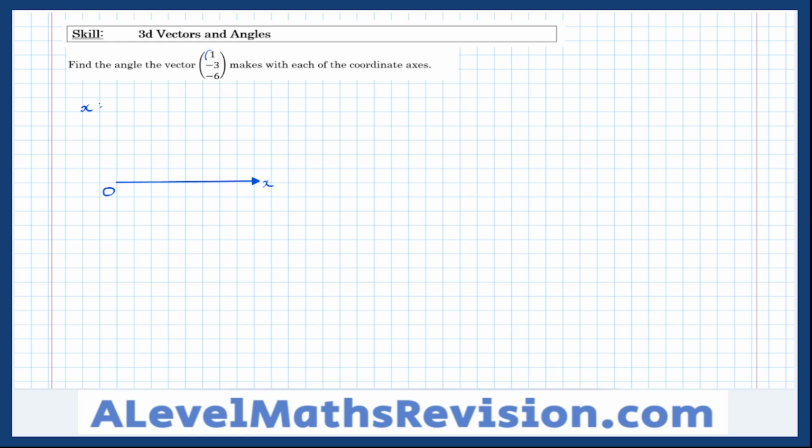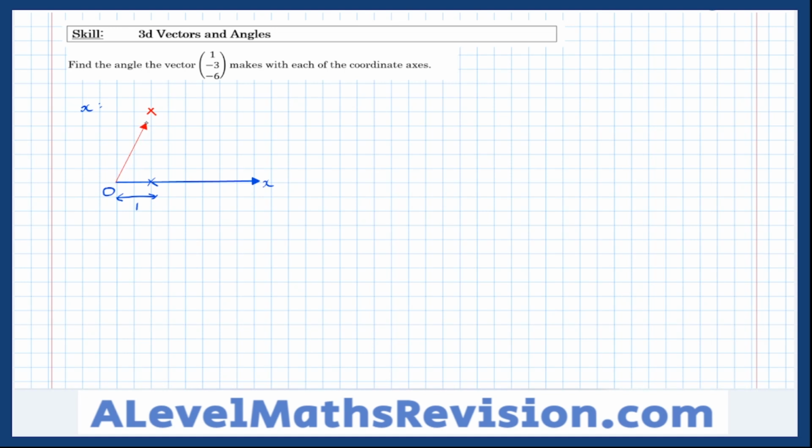Now I can see from the x-coordinate that this line goes 1 unit across the x-axis, so that length there is 1. Because this is 3D, I can look at it from any angle I want, so I'm going to choose a viewpoint such that the endpoint of this vector appears to be directly above this x-coordinate.